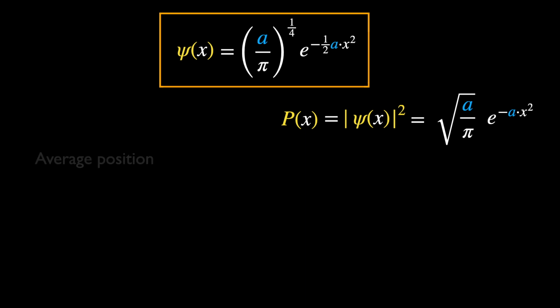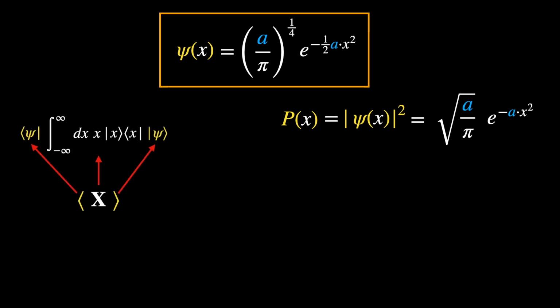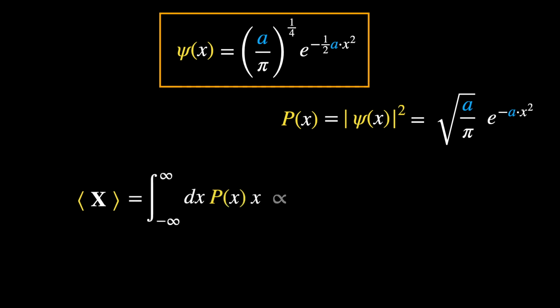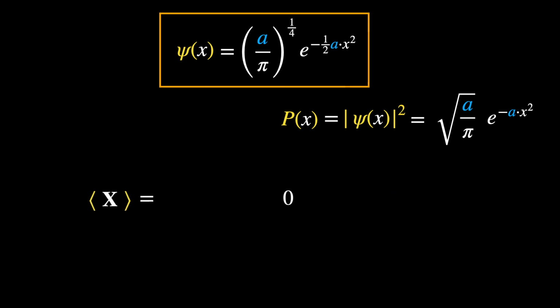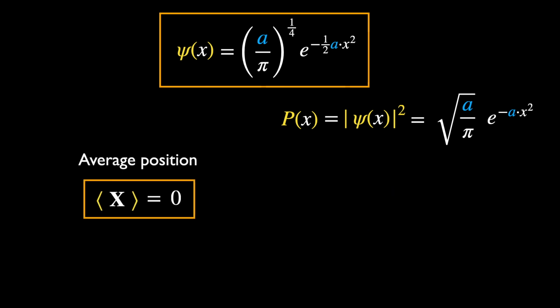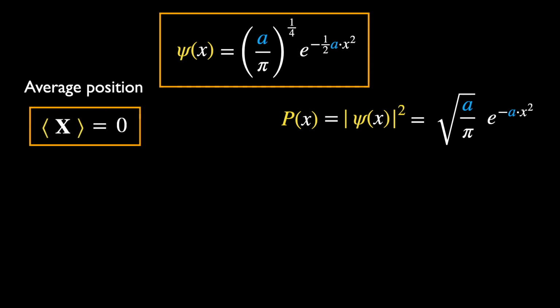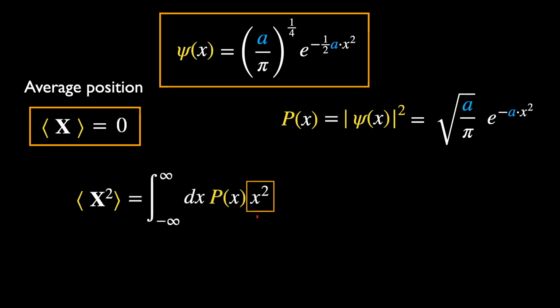Let's calculate the average position. Since the distribution is an even function and x is odd, this integral is 0. Thus the average position is 0. Next, let's calculate the average of x squared.